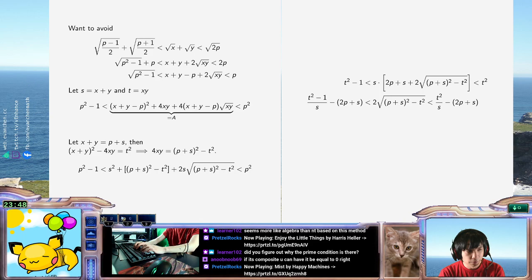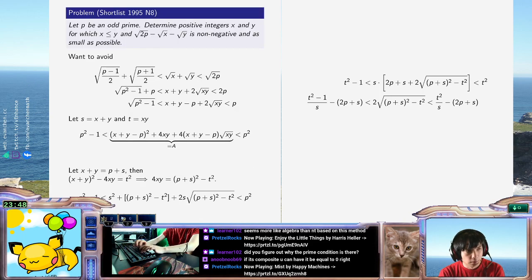So if p was not prime, for example, let's say p equals 9, then x, y equals 2, 8 is clearly optimal.